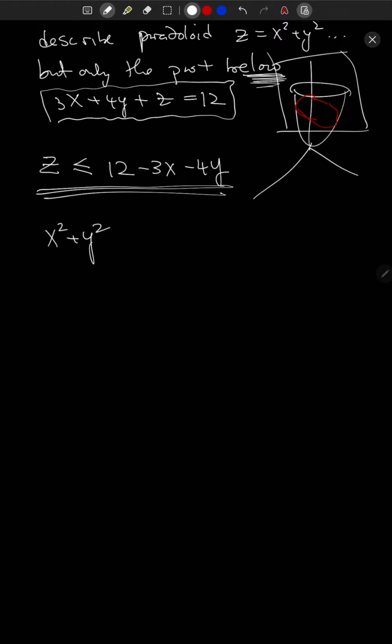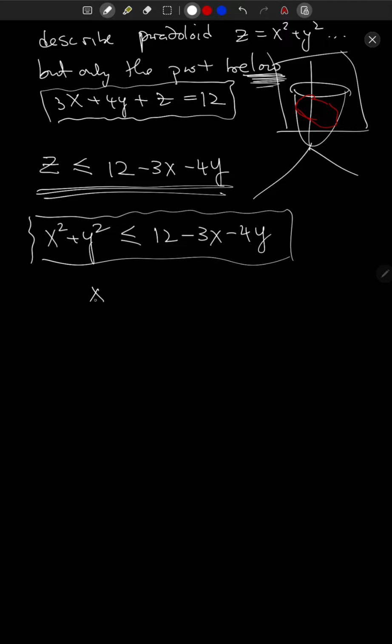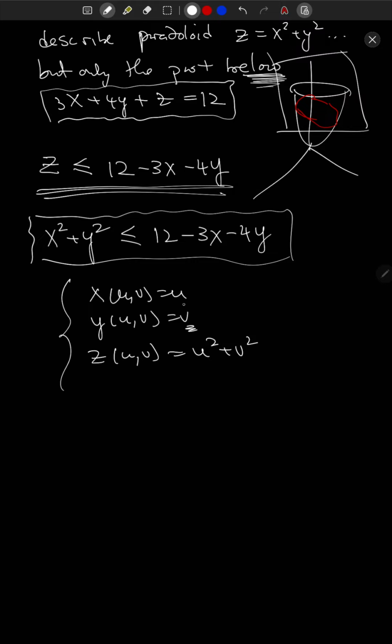We only care about points on the paraboloid. And so that means we're interested in this. And again, we like this because the way our parameterization is set up, x of uv equals u, y of uv equals v, z of uv equals u squared plus v squared. The way we've set up our parameterization, x and y relate easily to the u's.